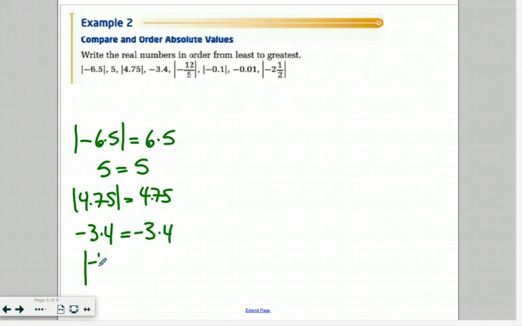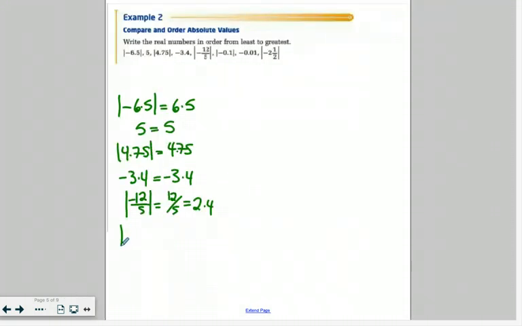The absolute value of -12/5, since the number inside the absolute value signs is negative, we will make it positive. So it will be 12/5, or 2.4 if you'd like to put everything in decimals. The next one on the list was the absolute value of -0.1.